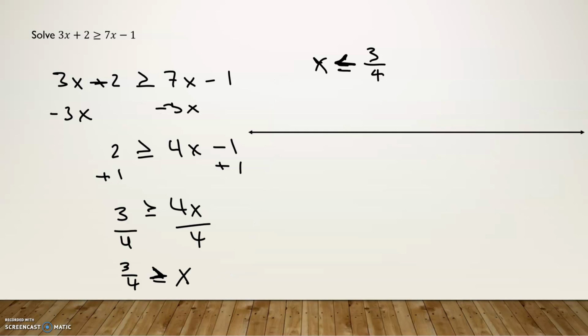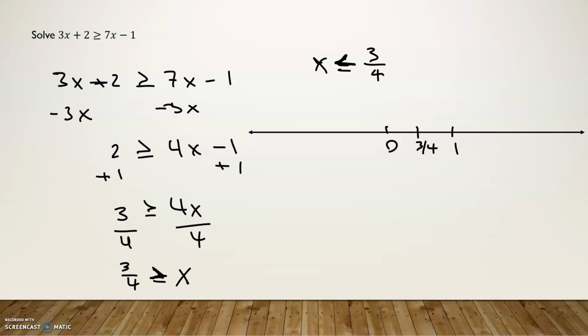Okay, so let's graph this on a number line. Now we know that 4 over 4 is 1. So 3 over 4 is a little bit less than 1. Okay, so we have 0. And we'll just go ahead and write 3 over 4, and then I'll write 1. That's not drawn to scale, of course.